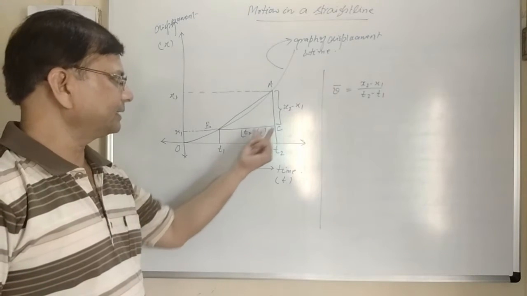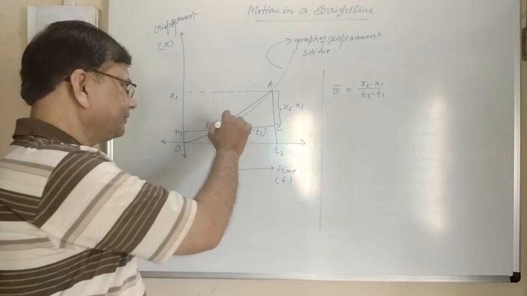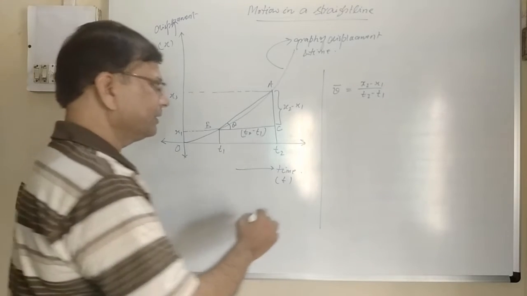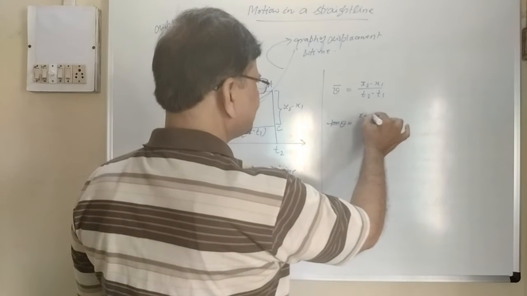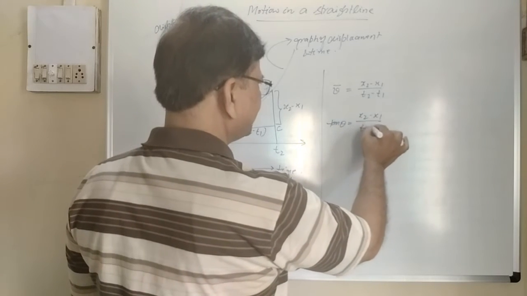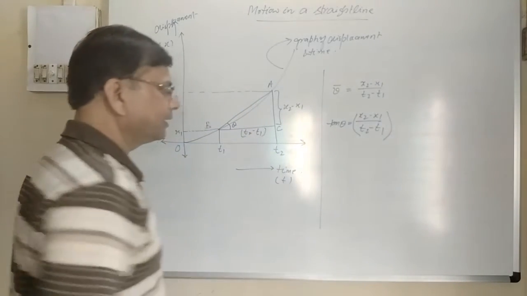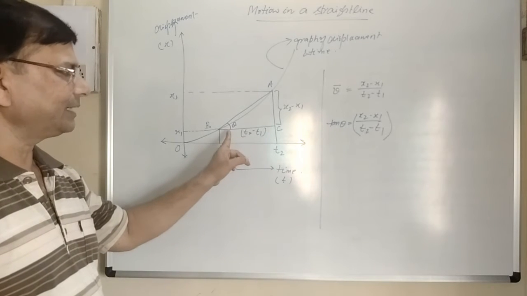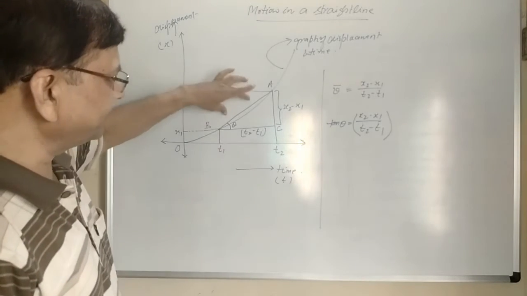If we consider this angle as theta, then tan theta is equal to x2 minus x1 upon t2 minus t1. So this gives the tangent of this angle, and the tangent of this angle means the slope of the chord.